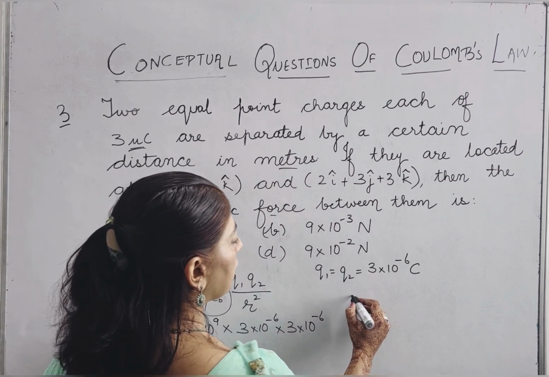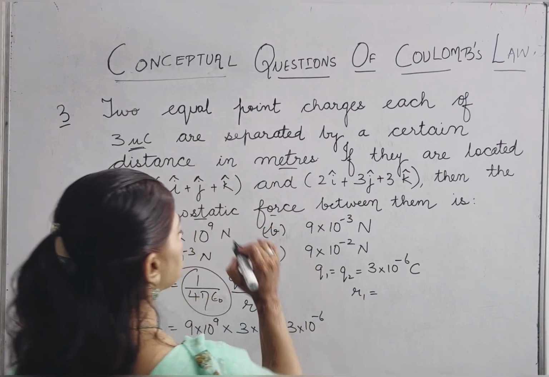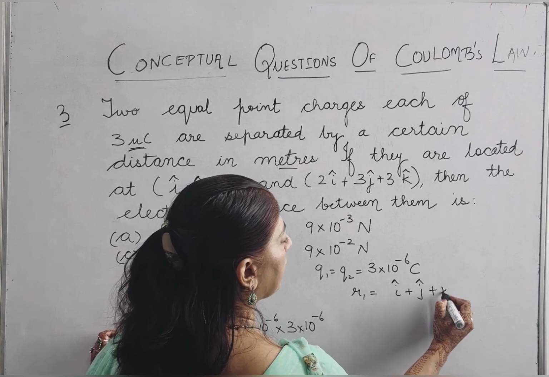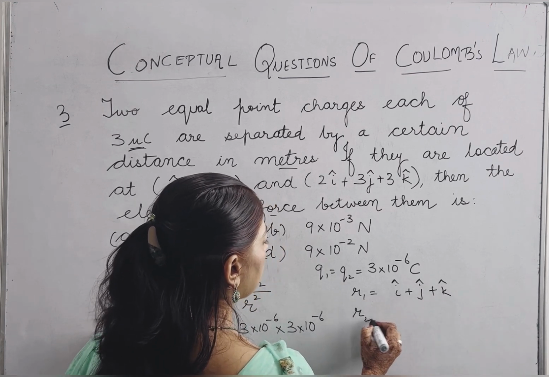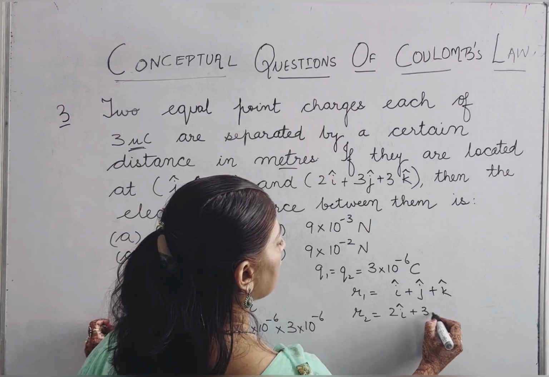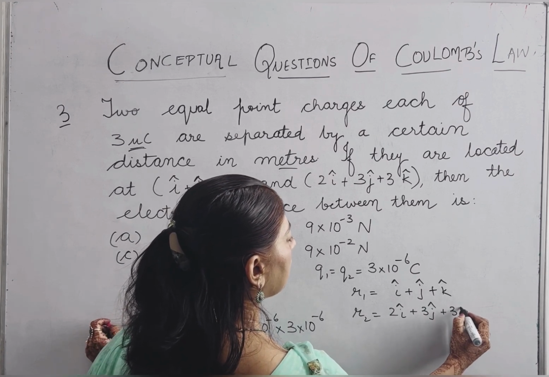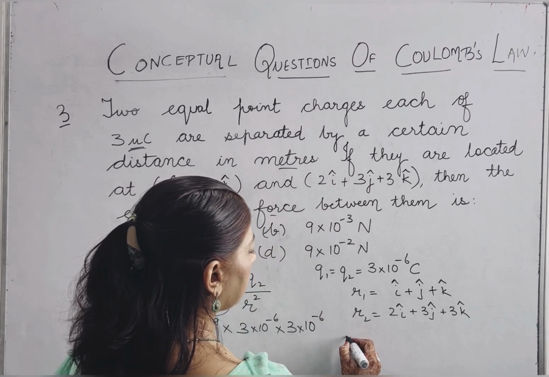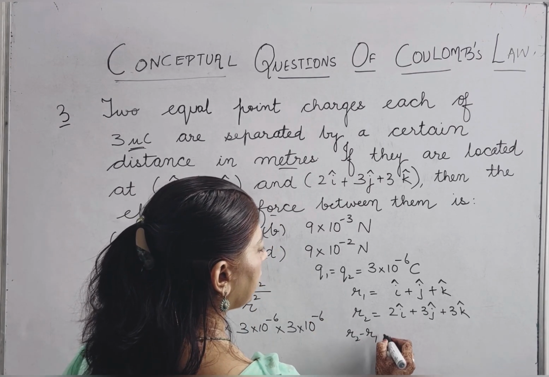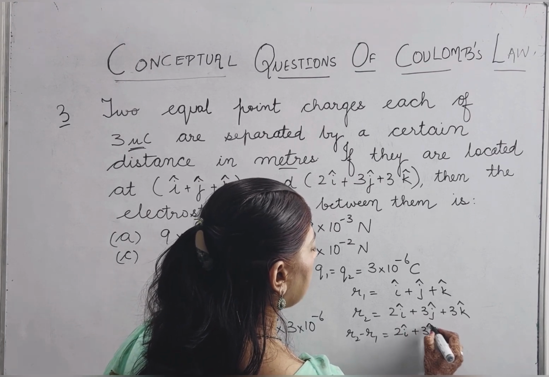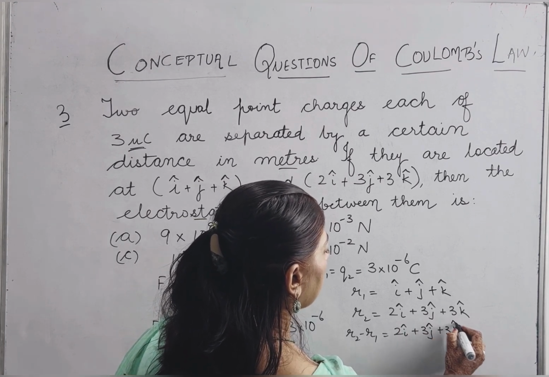Let the first position R1 be given by i plus j plus k cap, and R2 is given by 2i plus 3j plus 3k cap. So the distance between them, say R2 minus R1, is given by 2i plus 3j plus 3k.